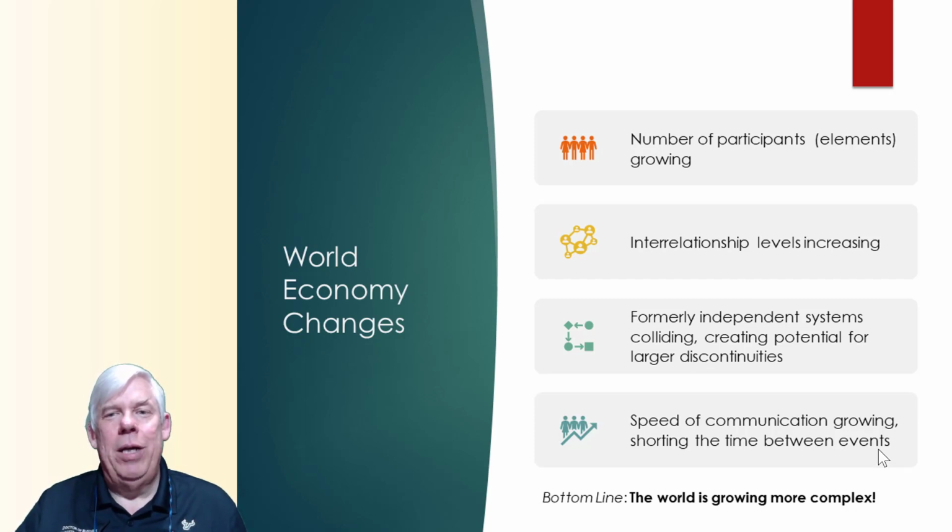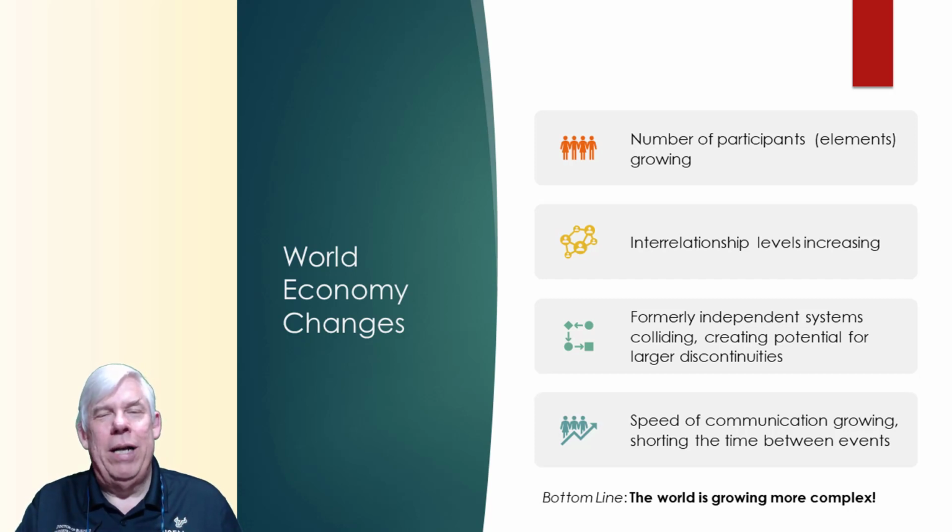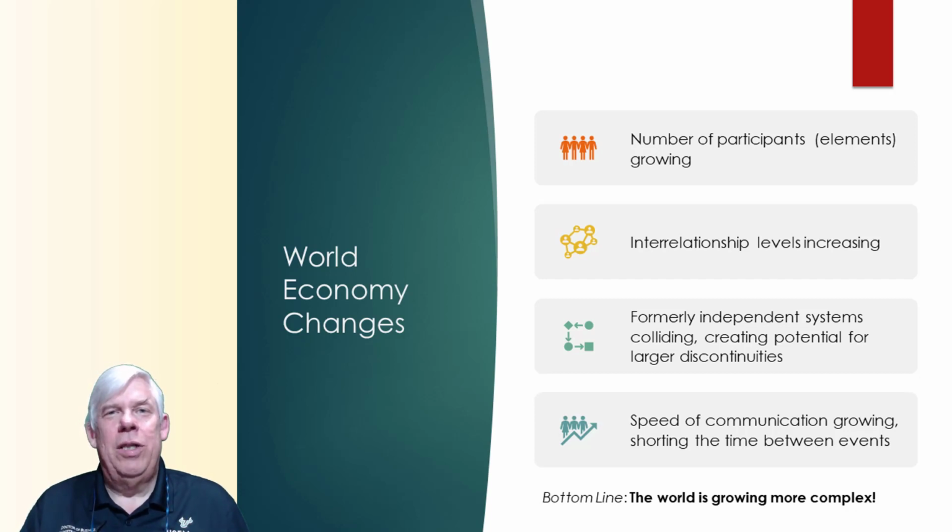Finally, the speed of communication is growing and shortening the timeline between events. So events that might have taken centuries to occur and be transmitted across the globe in earlier, simpler times, when the fastest means of communication was riding out on horseback, we're now seeing a compression of the timeline, and phenomena can move across the system much more rapidly.